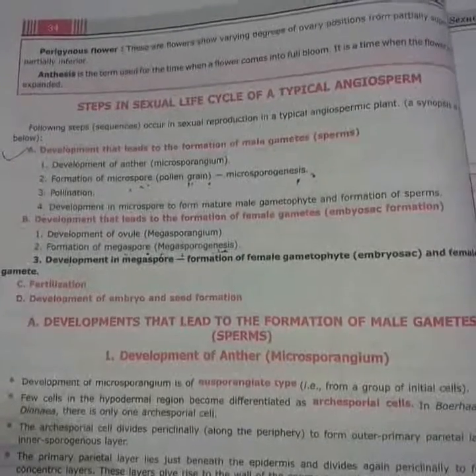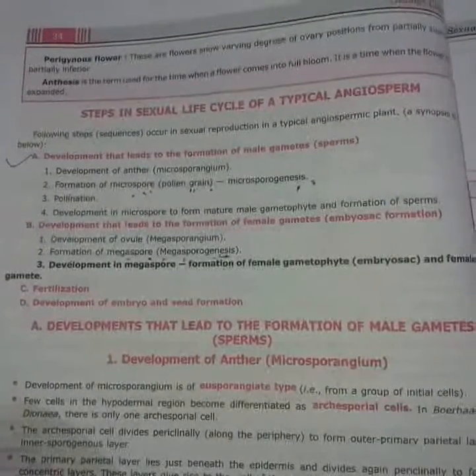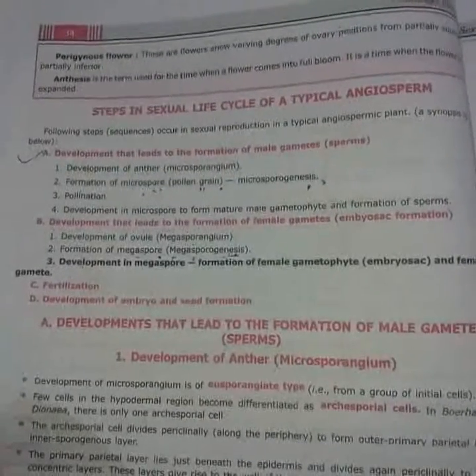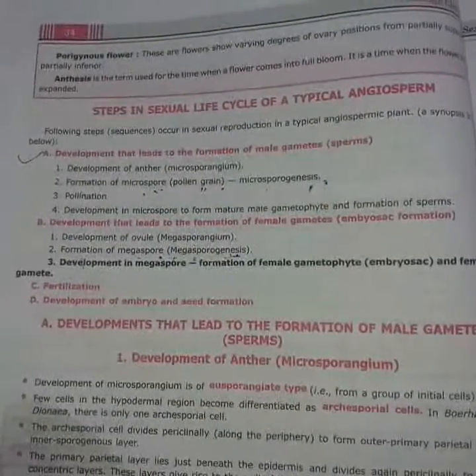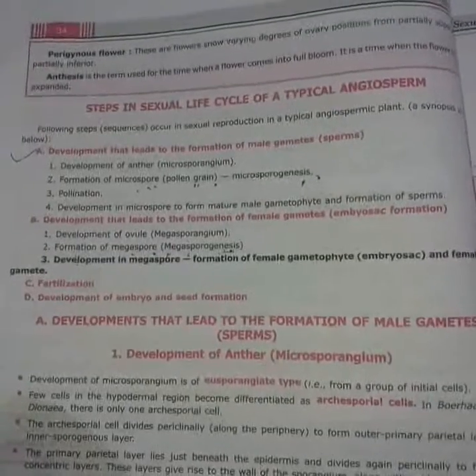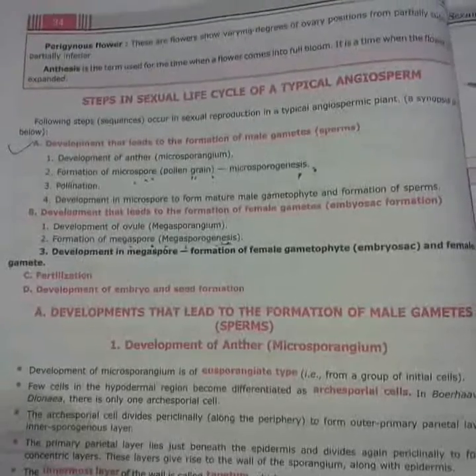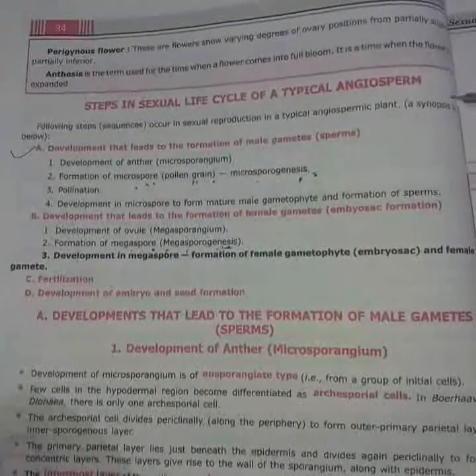In sexual reproduction, both male and female organisms are necessary. In plants, this type of reproduction involves flowers.